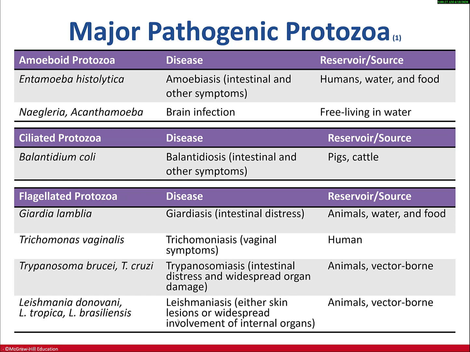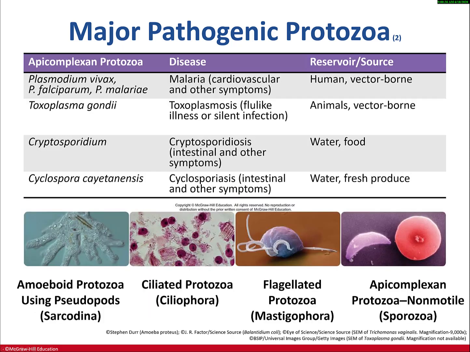Usually you have diagnosis through some sort of histology when you're looking at infected organs. Plasmodium vivax and malaria. Toxoplasma gondii, flu-like illness, a silent infection.